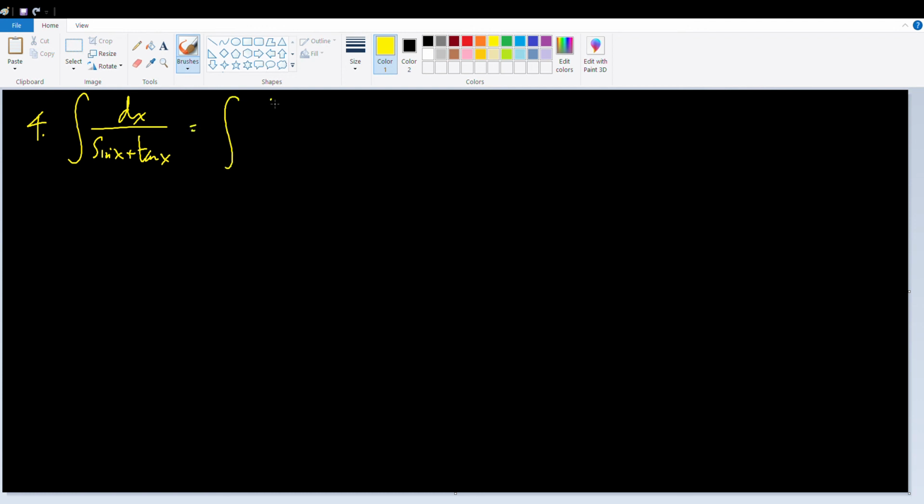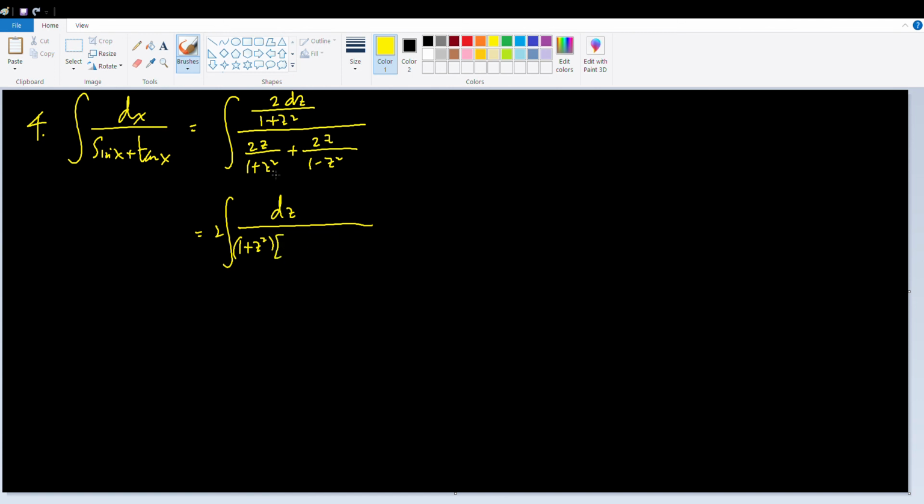So dx is 2dc over 1 plus c squared, sine x is 2c over 1 plus c squared, and tangent x is sine over cosine, so 2c over 1 minus c squared. Okay? 2dc over 1 plus c squared.